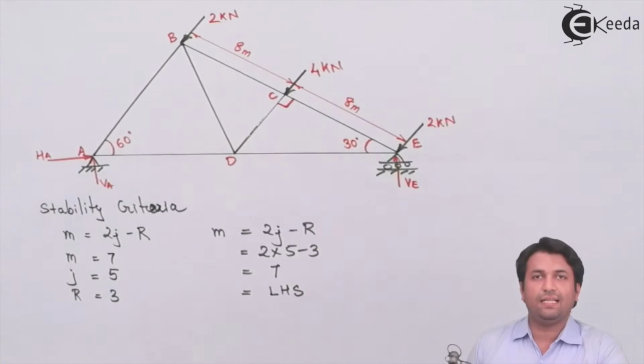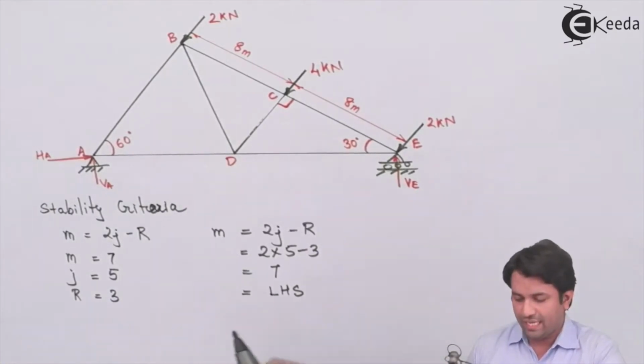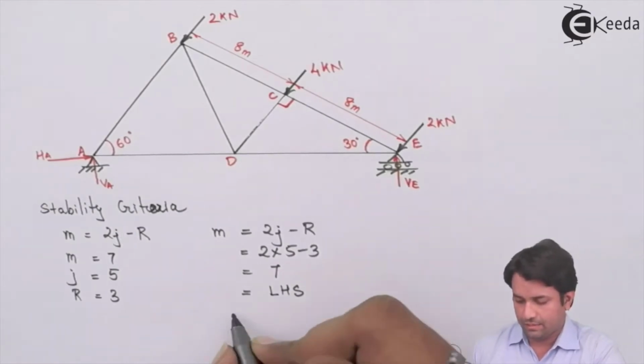Now we can see that in this case, the right hand side is equal to my left hand side. So we can say that this is a perfect truss.